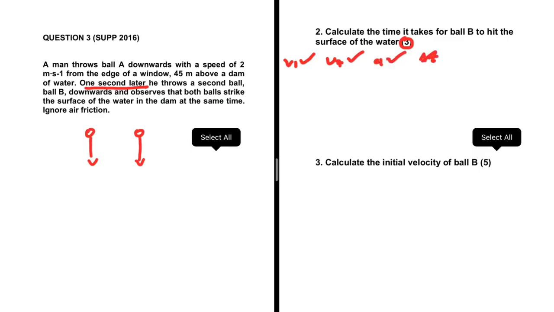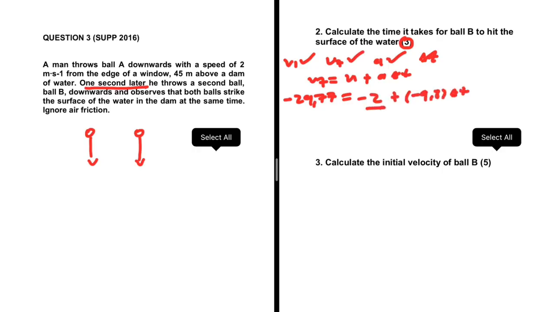So to find the time for ball A, we're going to have VF equals VI plus A delta T. Ball A strikes the ground with a velocity of minus 29.77, and it was thrown with an initial velocity of minus 2 plus the acceleration, minus 9.8, multiplied by the time.